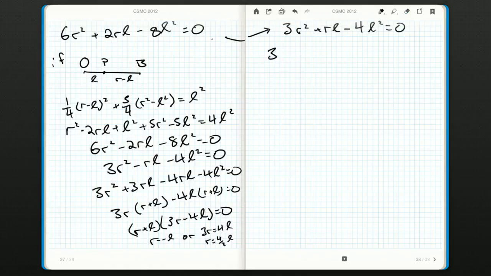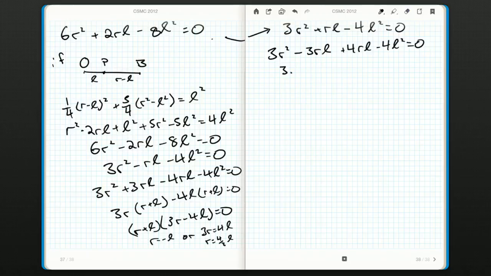So 3r squared plus 3r minus 3rL plus 4rL minus 4L squared.